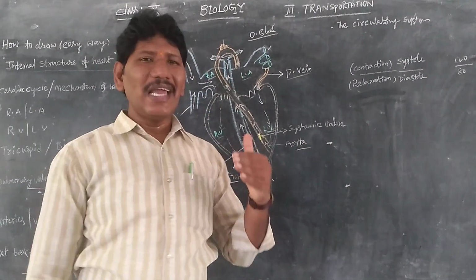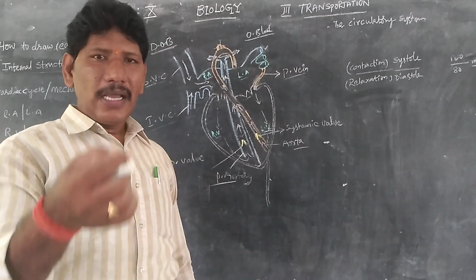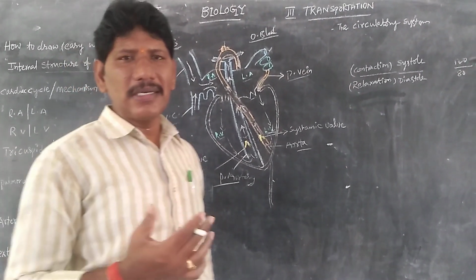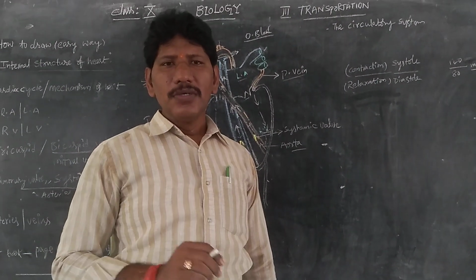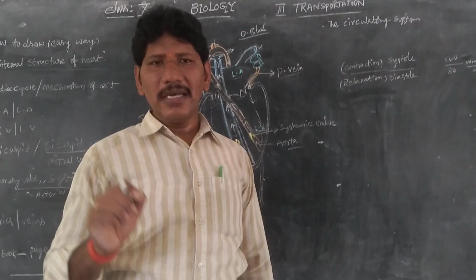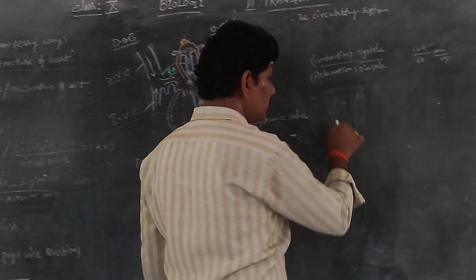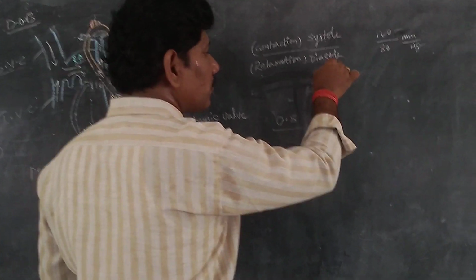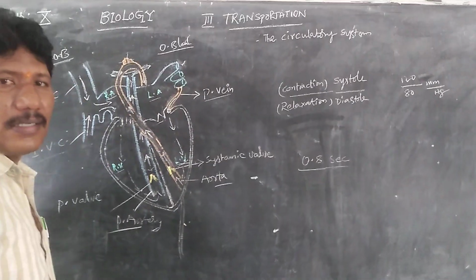So how do we calculate the cardiac output? For example, in an average healthy adult, the heartbeat is nearly 72 times per minute. Per minute is 60 seconds, so 72 beats means each cycle takes only about 0.8 seconds. So each systole and diastole together take nearly 0.8 seconds.